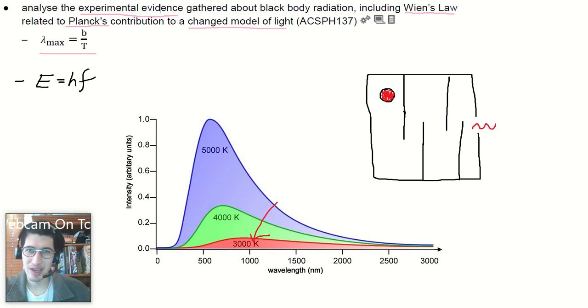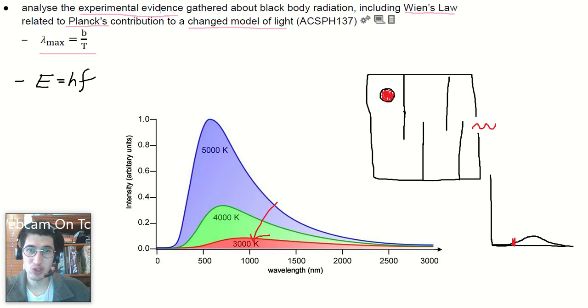They measure that light, they graph the intensity of light depending on the wavelength that they get, and they get some kind of graph looking like this, where your red light is probably around here for this particular object. Based on this graph, they could measure very, very accurately what the temperature of this object is.